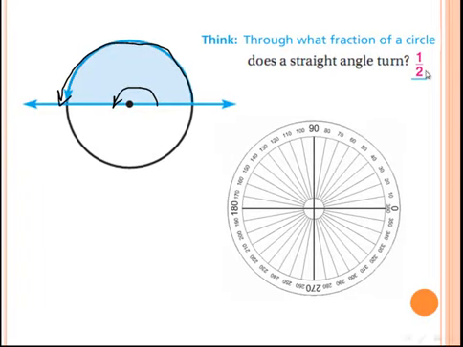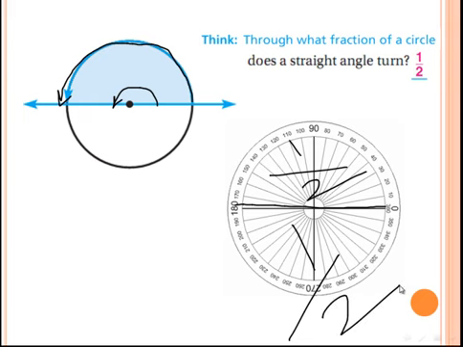When I see 1/2, I should cut the big circle into 2 equal parts. Here, 1/2, and here, 1/2. Great!